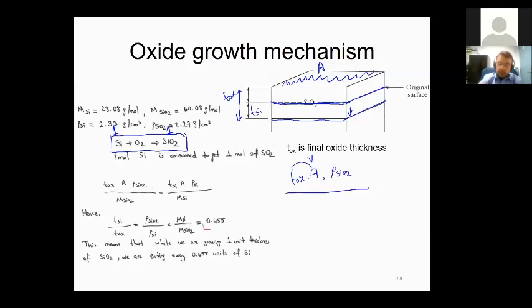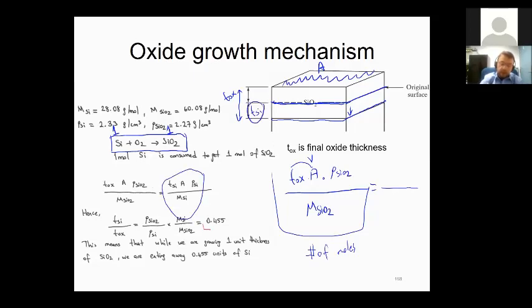And if I divide that by the molecular weight of the silicon dioxide, that's going to give me how many moles I have produced at the end of this reaction. I just need to equate that, like you can see here, I won't write it again, to the consumed silicon.